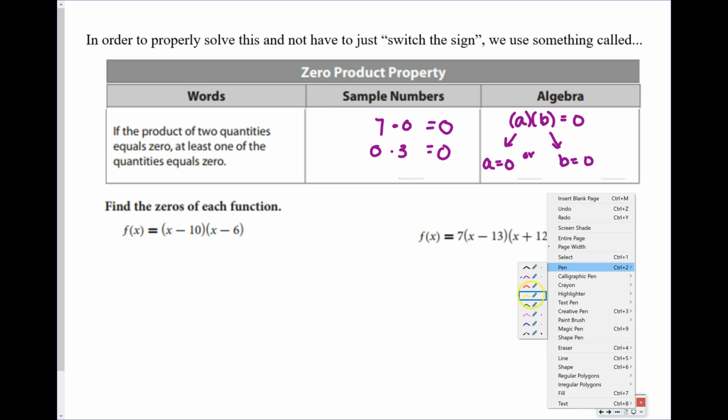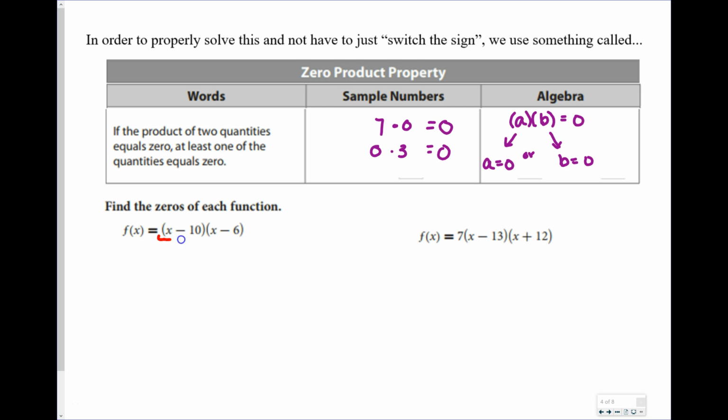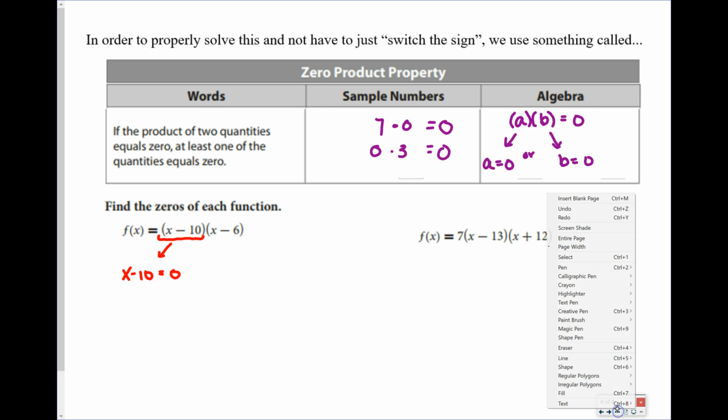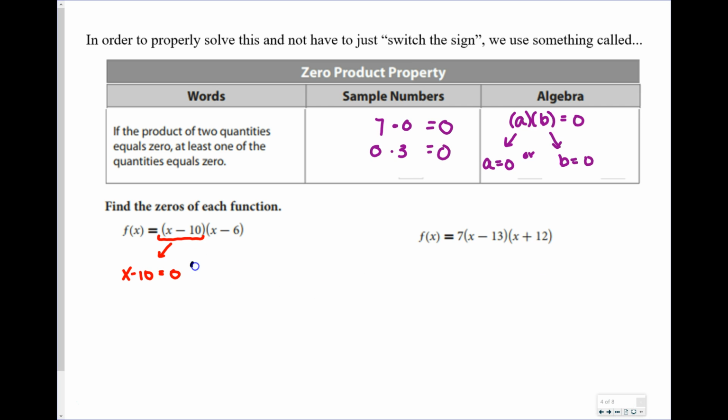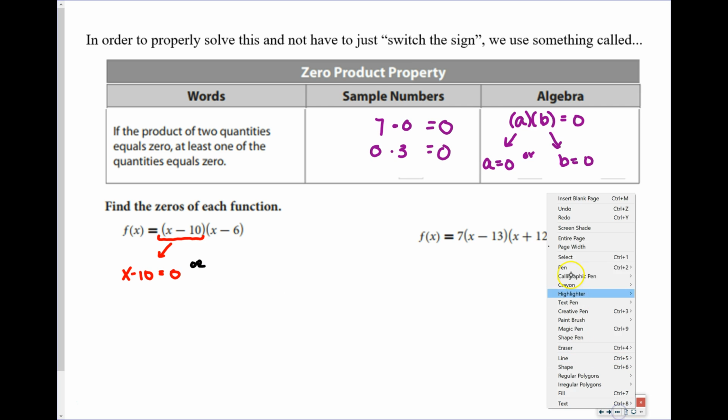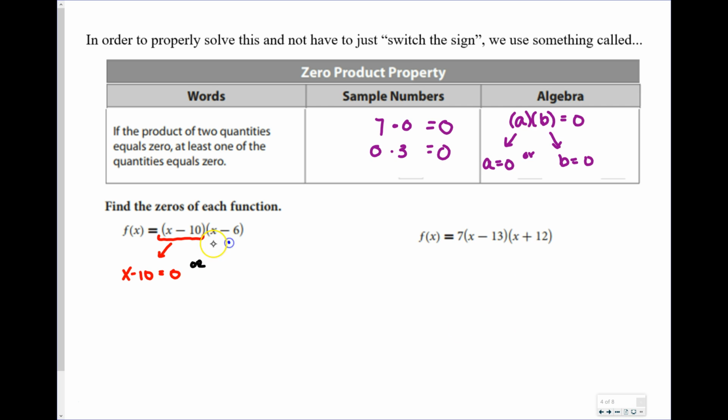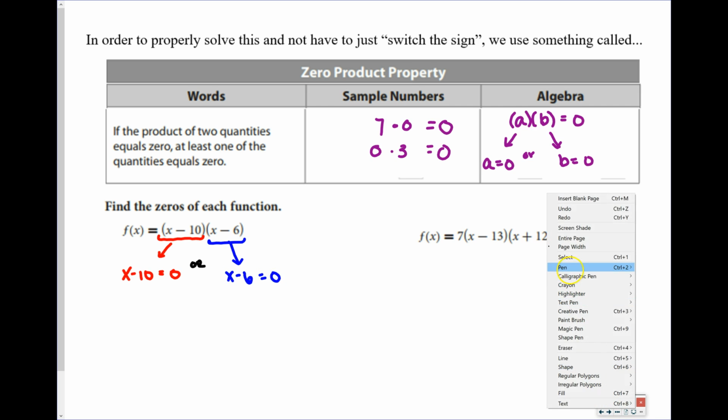So I'm saying, let me use a different color here actually, that either this x minus 10 is 0, or I am saying that this x minus 6 is equal to 0. So I've created 2 new little equations.